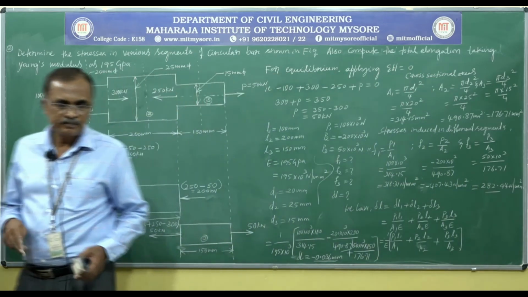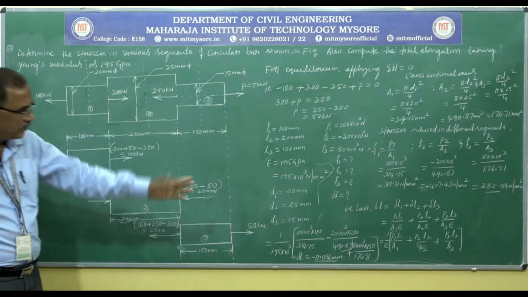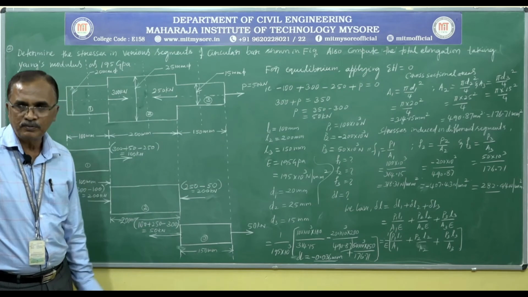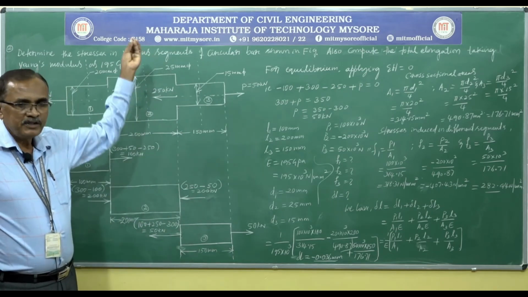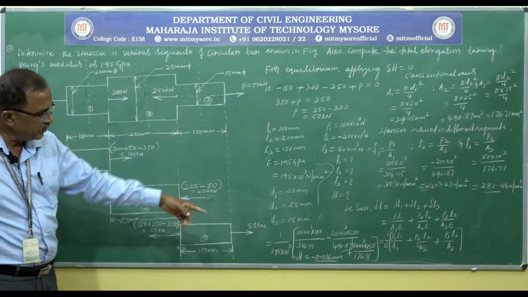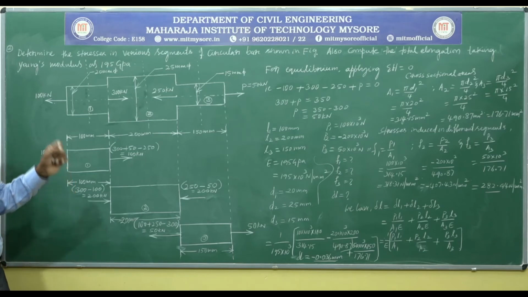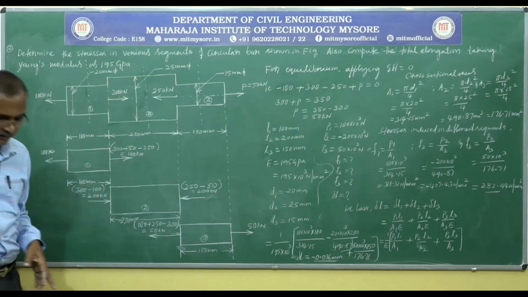If you adopt the correct procedure and solve the problem, whatever the value we get, whether negative or positive, that will be the same. Though it is asked elongation, since the worked out value is negative, we can write one line that the negative value of delta L indicates it is the contraction.